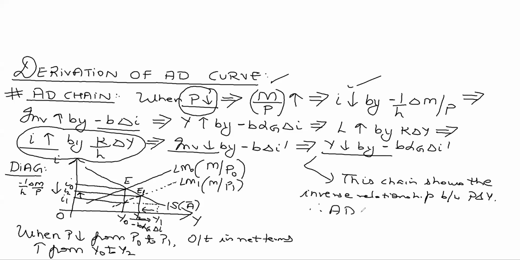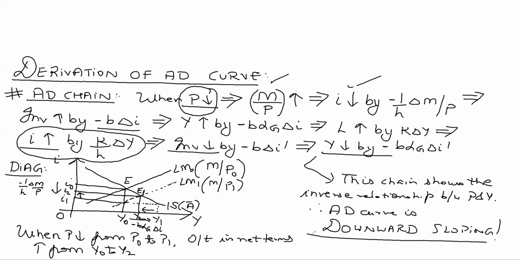Therefore, my aggregate demand curve is downward sloping. My aggregate demand curve is downward sloping because when price is falling, in net terms, it is causing the output to rise from Y0 to Y2. So hence my aggregate demand curve is downward sloping.